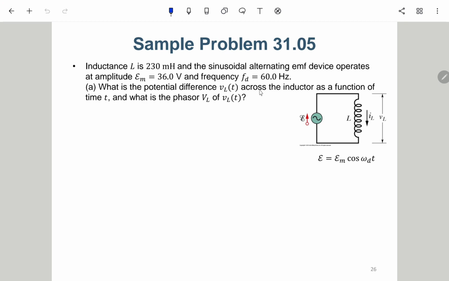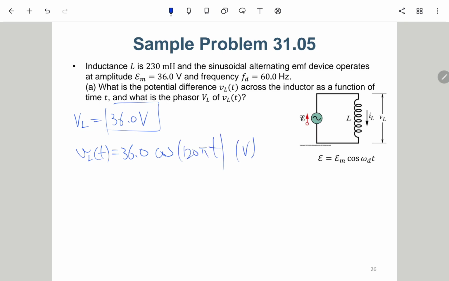Similarly, we have VL equals 36.0 volt, and VL of t equals 36.0 cosine of 120 pi t. Nothing special, we just repeat it a second time. We still have this expression of VL of t and also the phasor VL.